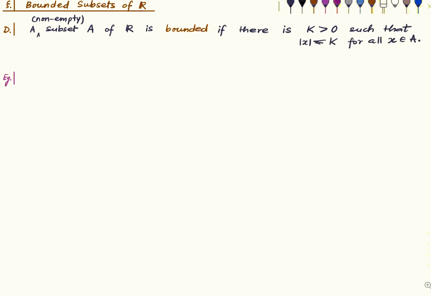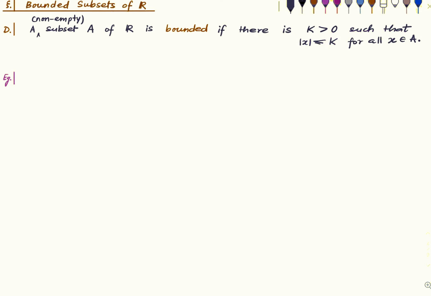So we say A is bounded if there is some positive real number k for which this condition holds, meaning the size of each element of A is controlled by the number k.